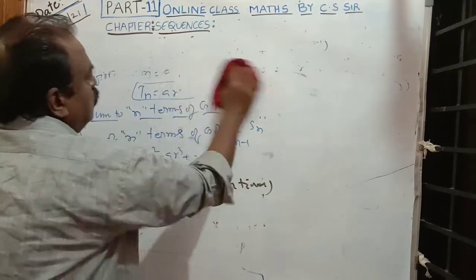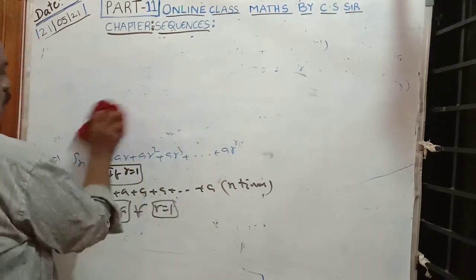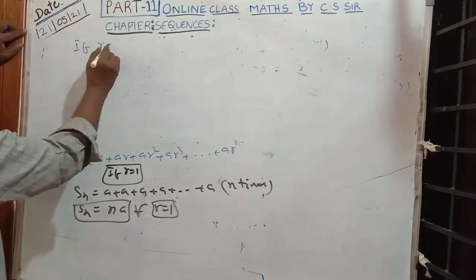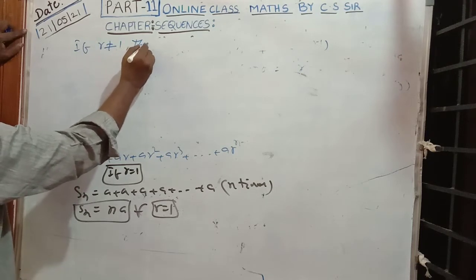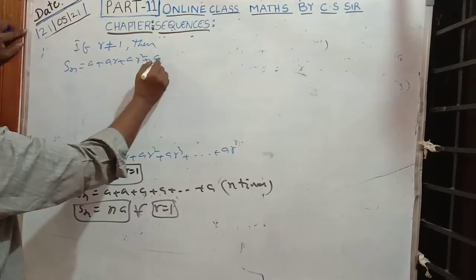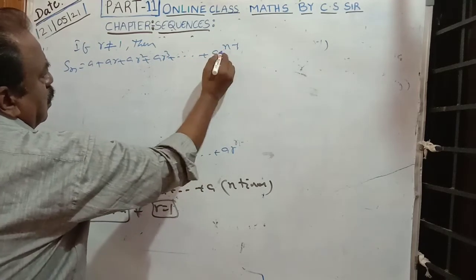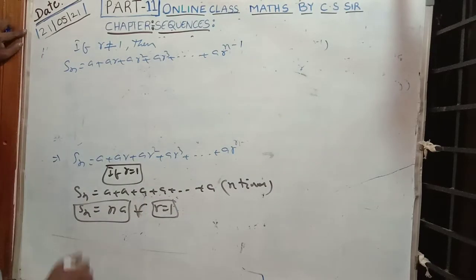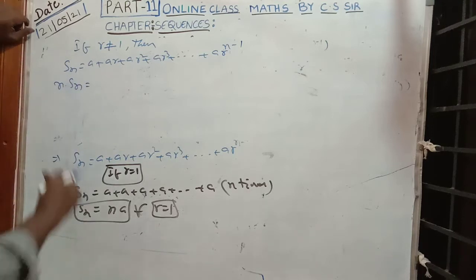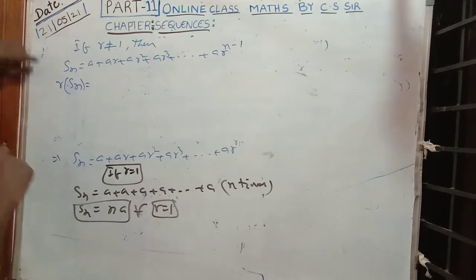At that time, we have to do it like this. If r is not equal to 1, then Sn = a + ar + ar^2 + ar^3 and so on, up to ar^(n-1). Now I multiply with r. r into Sn.